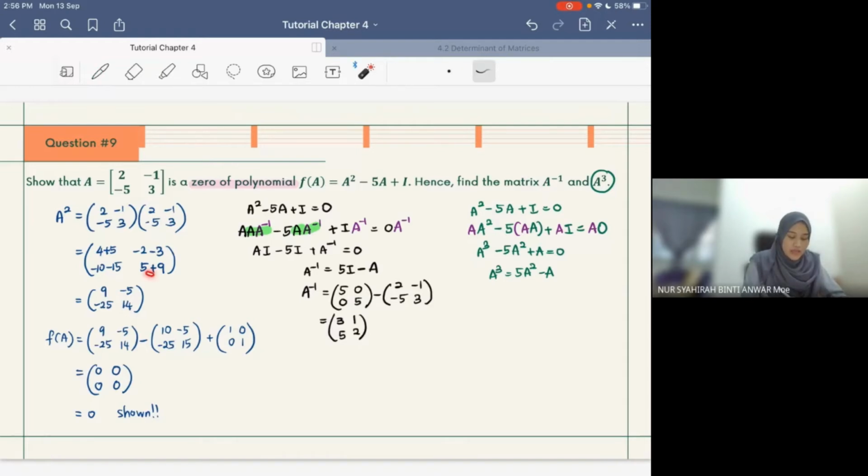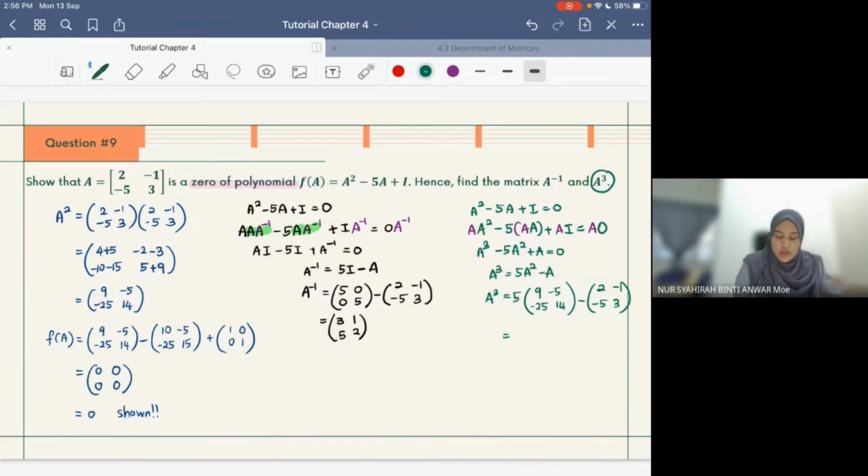So A square we have already found from here. So A cube equals 5 times the matrix 9, negative 25, negative 5, 14, minus matrix A, which is 2, negative 1, negative 5, 3. Okay. So here we can press the calculator. 45 minus 2 is 43. Here, negative 25 times 5 is negative 125, and negative 1 to 5 is negative 5, 10, 20, 60. 60 or 70? 70.